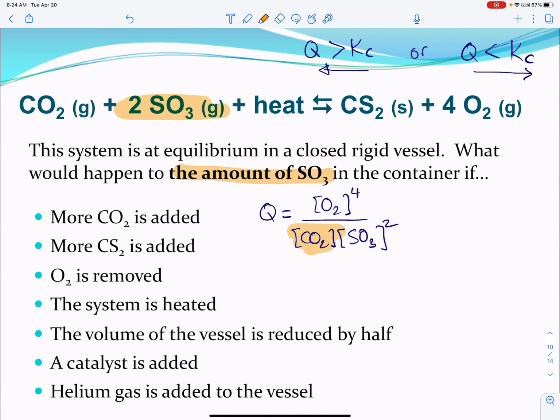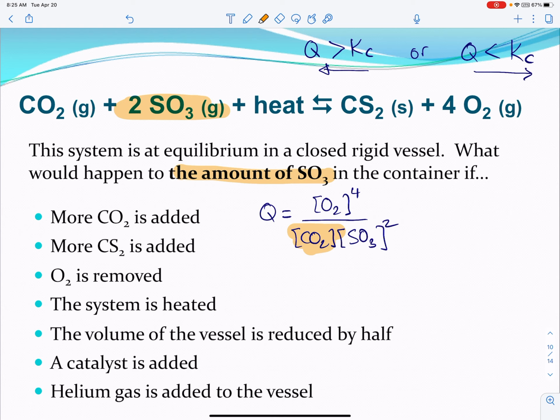The third thing you might note is that Kc doesn't change, right? The only thing that can change Kc, the equilibrium constant, is if you change the temperature. So adding carbon dioxide does not change Kc. The fourth thing to note would be that if Q is now smaller, but Kc didn't change, then Q must now be less than Kc.